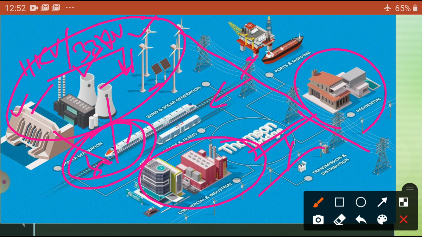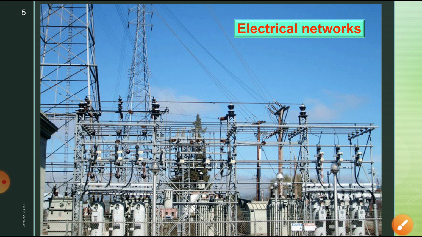Here you can see at a glance, this is one simple electrical substation, where it has a number of components: circuit breakers, current transformers, potential transformers, power transformers, relay systems, bus bars, AB switches, insulators, different items you can see in the figure.